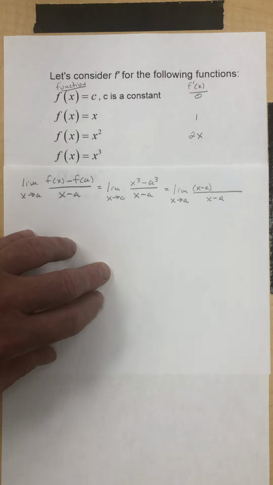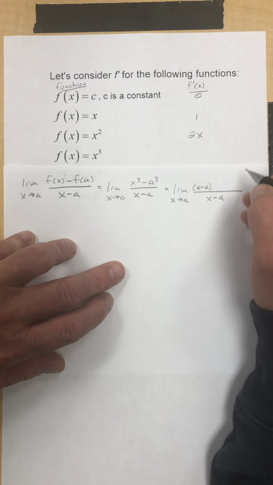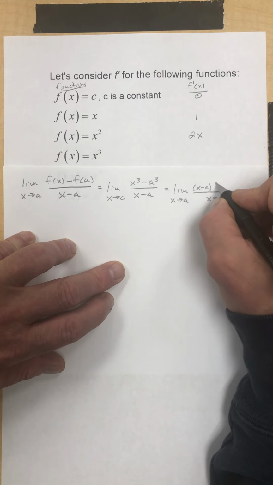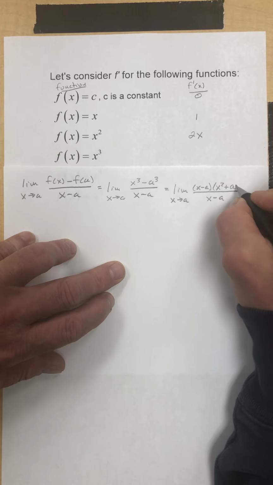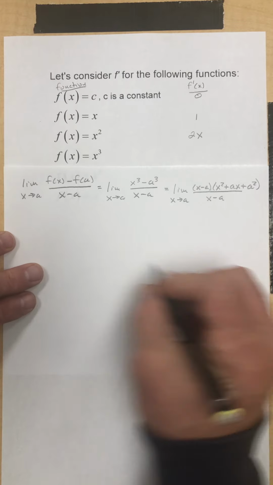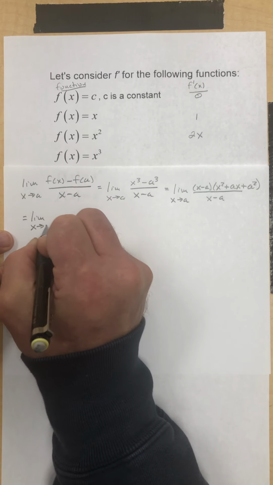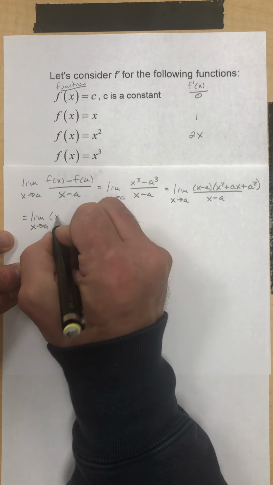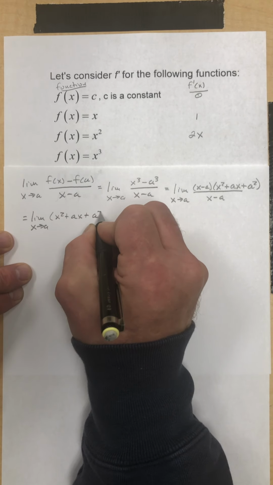Okay, so you could either do the long division or go back to that formula I gave you. Okay, this is a difference of cubes. So I know I'm going to get x minus a times x squared plus ax, plus a squared, like that. Okay, so I get the limit as x approaches a, and notice the x minus a's cancel off, so I just get x squared plus ax plus a squared.